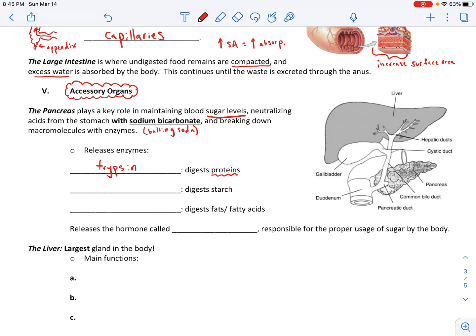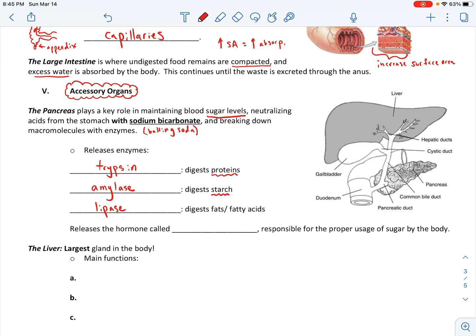The pancreas makes pancreatic amylase, the same kind of amylase that was used in the mouth to digest carbohydrates, starches, and lipases, which break down fats. So those are some of the enzymes that the pancreas makes.